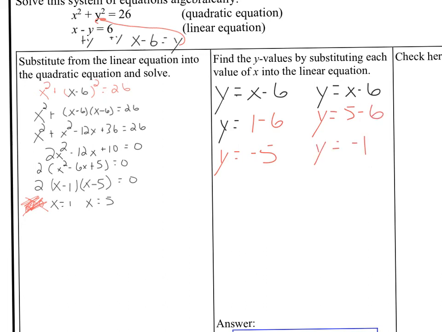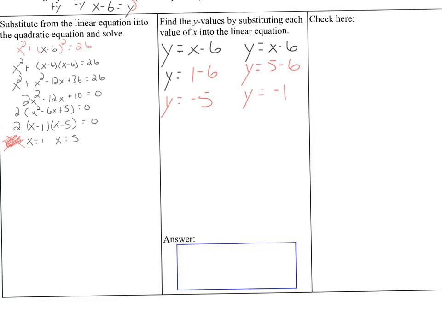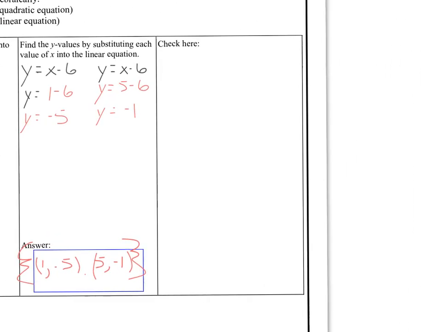So, again, the answers that we're going to have would be x is 1, y is negative 5, and then x is 5, y is negative 1, and we're good to go, except we probably should have done our check. So, the check. Probably a good idea to do the check before you actually write your answers and put them in brackets. If one of them doesn't work, you're going to have to scribble it out now, but hey, that's okay.